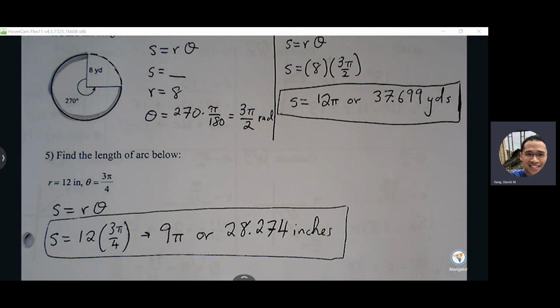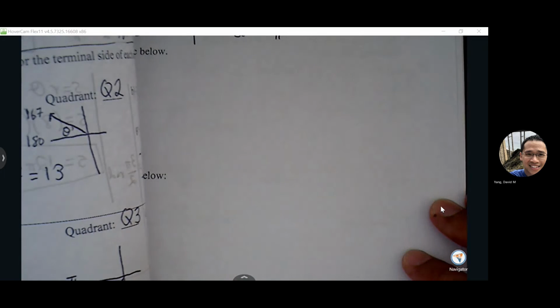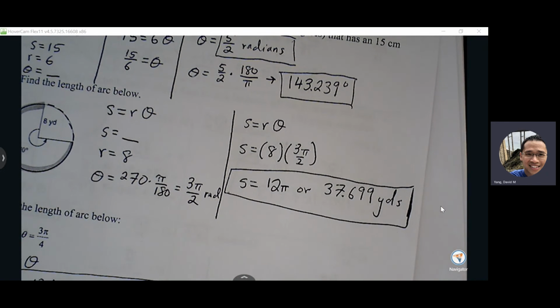I'm gonna have you guys try to finish up six, on the back page on your own. It's not homework, I think, but it's just good for you guys to have that additional practice.